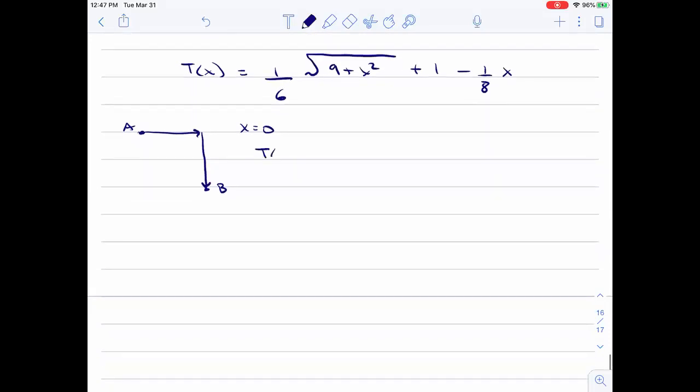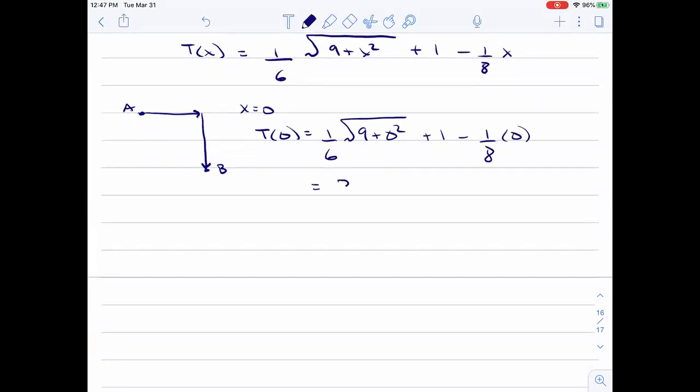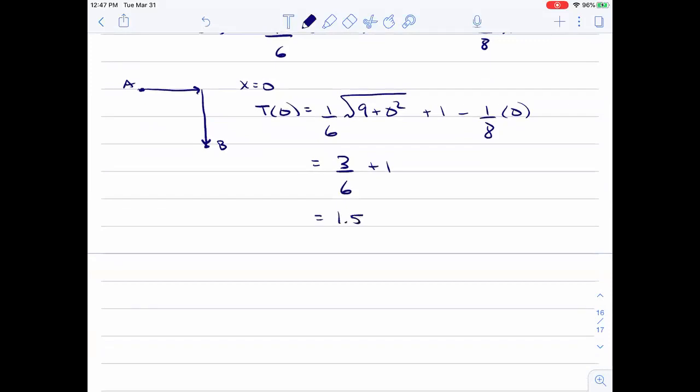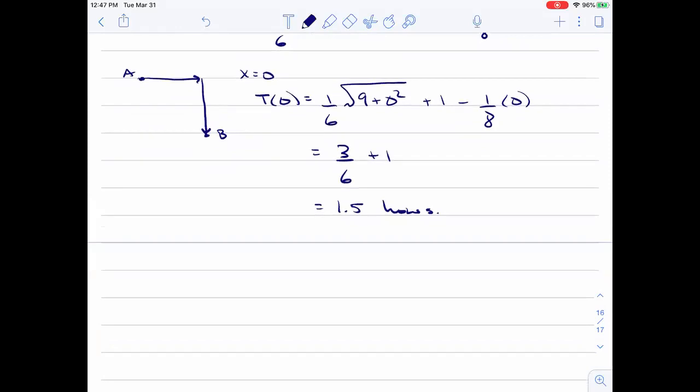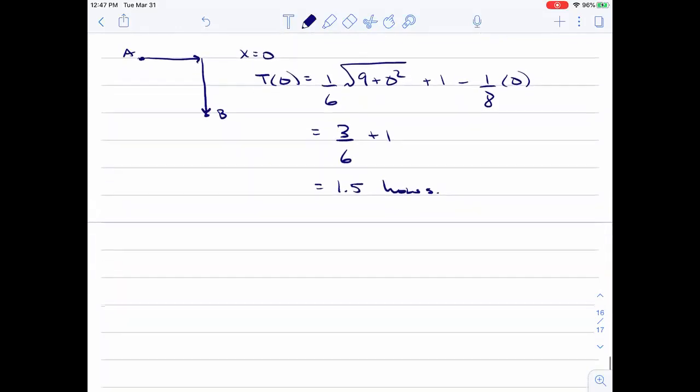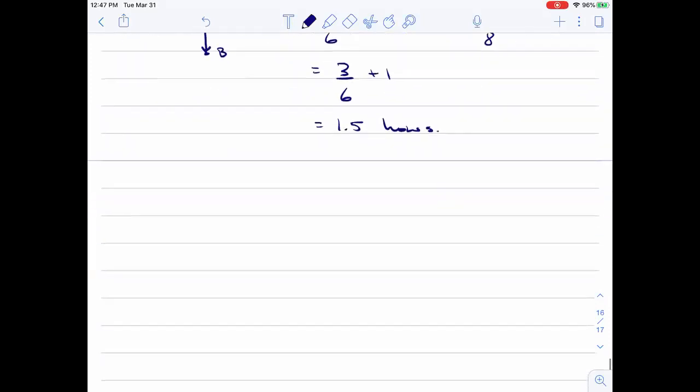So t of 0 is 1/6 times the root of 9 plus 0 squared plus 1 minus 1/8 times 0, putting me at 3/6 plus 1, which is 1.5 hours, since our speed was kilometers per hour, so our time must be in hours. So that's our first option. Probably not our best option, but let's have a look at the other endpoint.